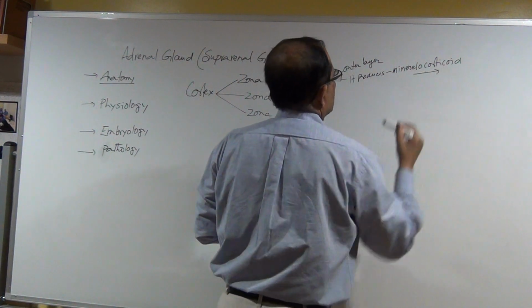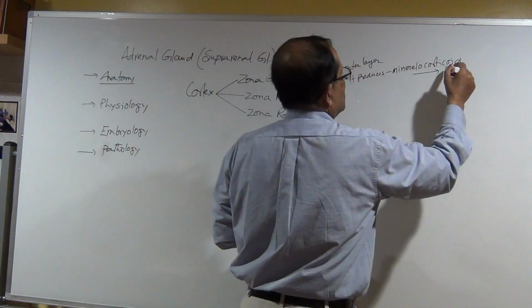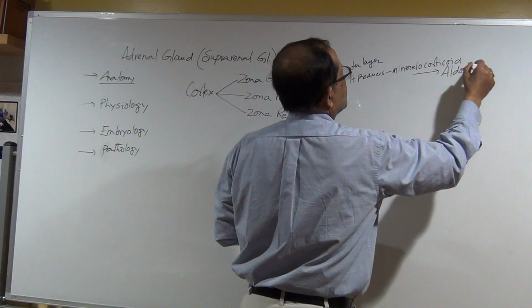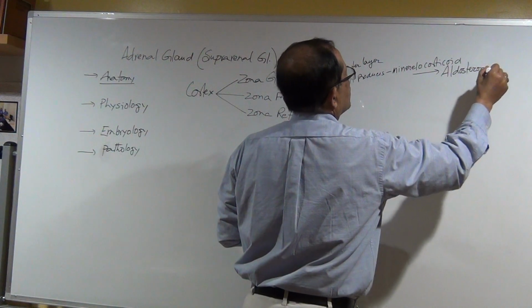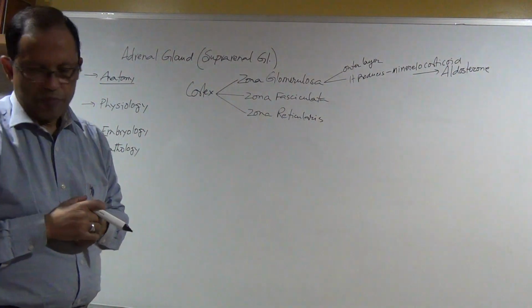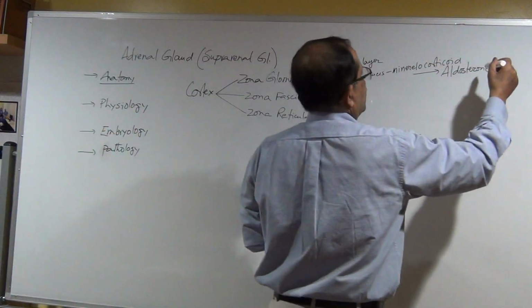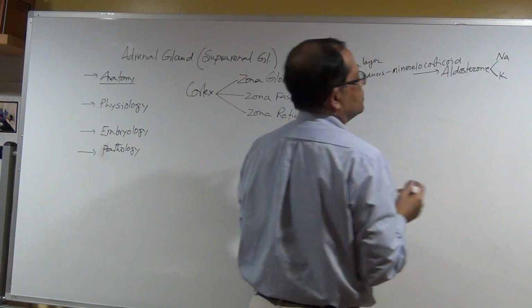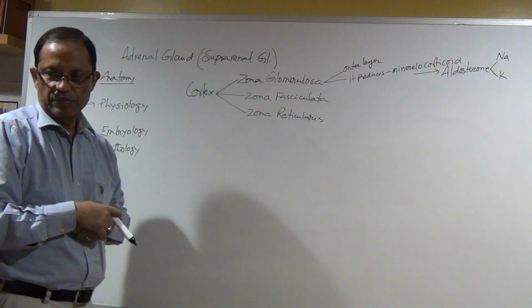And in mineralocorticoids, aldosterone is the main hormone. Aldosterone is the main hormone that controls the sodium and potassium in our body.